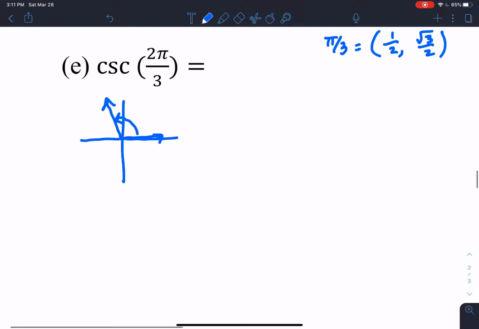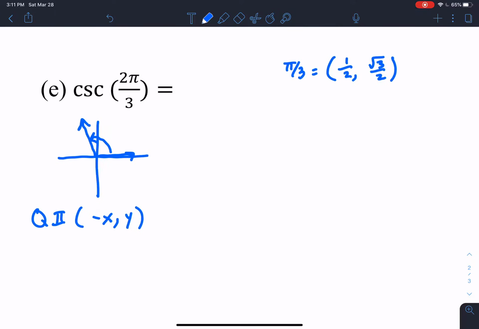All right, anything in quadrant 2, the x term is negative and the y term is positive, right? Now I only need the y term, because cosecant is 1 over the y term. Okay, so this is 1 over the y term. Now if you simplify that, that would be 2 over root 3, which is then 2 root 3 over 3.